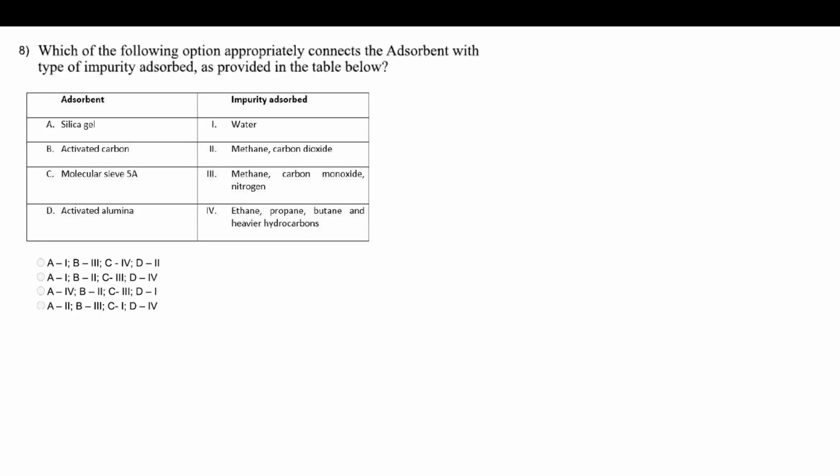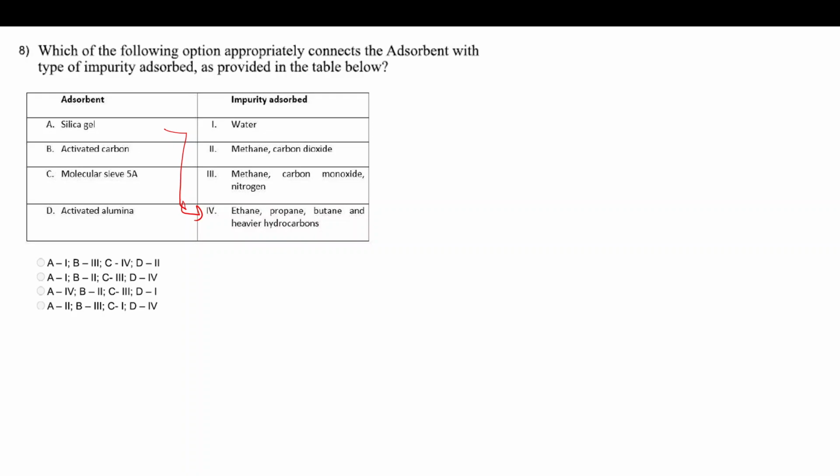Now moving forward, which of the following options appropriately connects the adsorbent with the impurity type? First is silica gel. Silica gel can separate ethane, propane, butane, and heavier hydrocarbons.